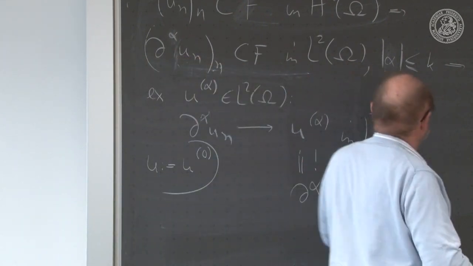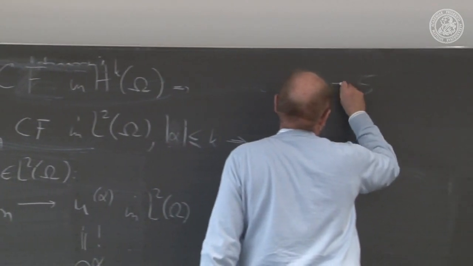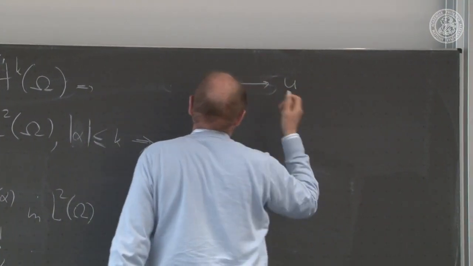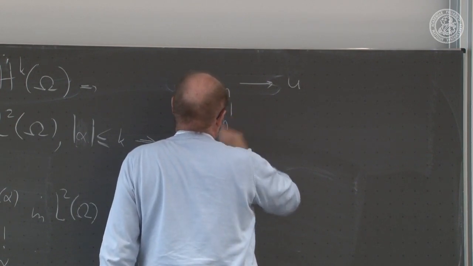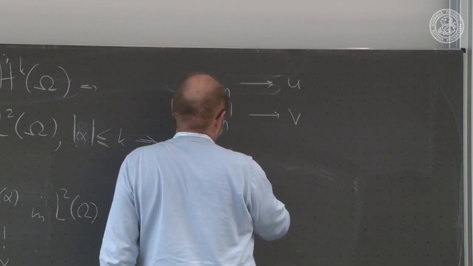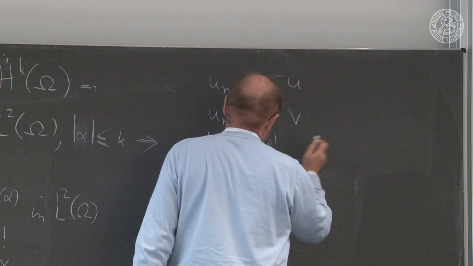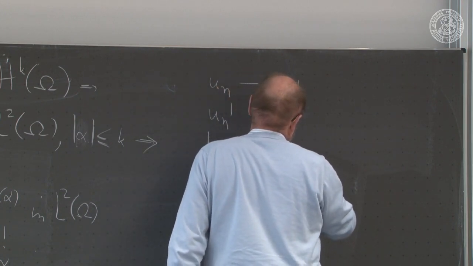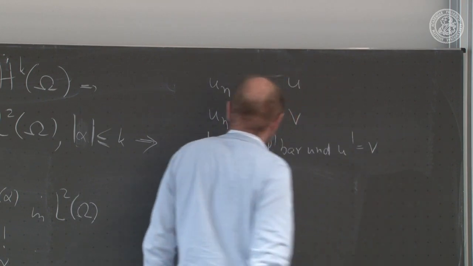Okay, I repeat it again. I have the following situation. You have a sequence of functions which converge. Let's do it in one variable. I know that the derivative converges to something, and now I want to know that u is differentiable and that the derivative of u is v.